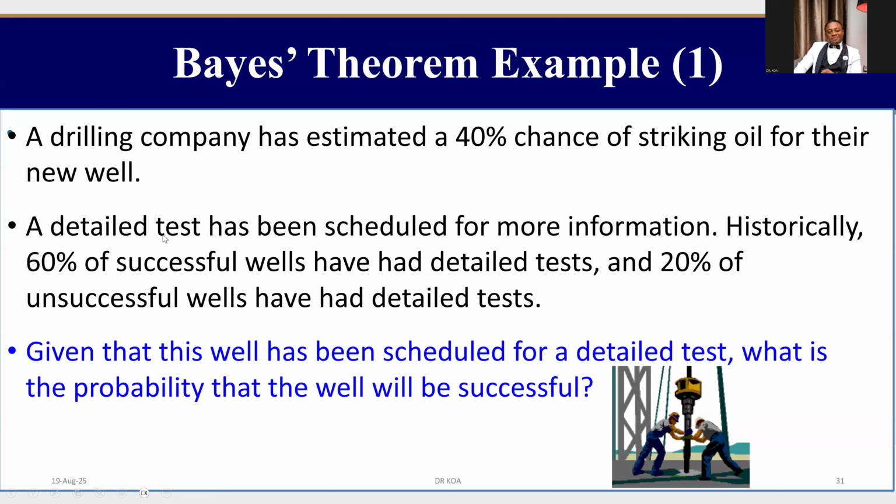The second one is that there was a detailed test scheduled, because the fact that there is an estimated 40% chance of striking oil doesn't mean that you strike the oil. So you got to do a test to see whether we can actually strike oil. Now, previously, 60% of successful wells, remember that we have a new well, but successful wells over the past, 60% of them have had the detailed test.